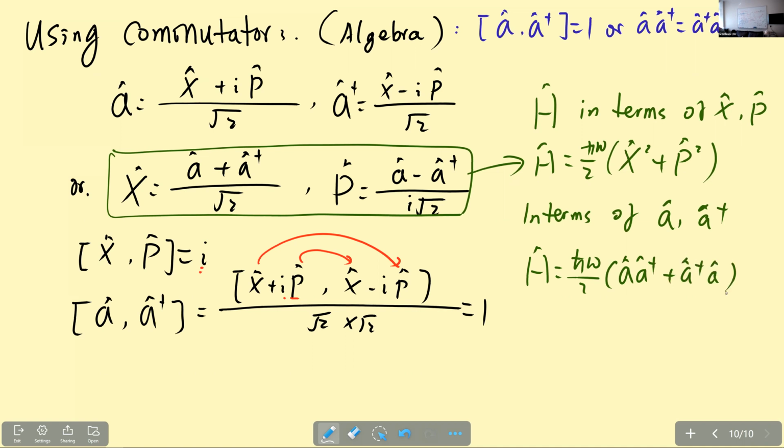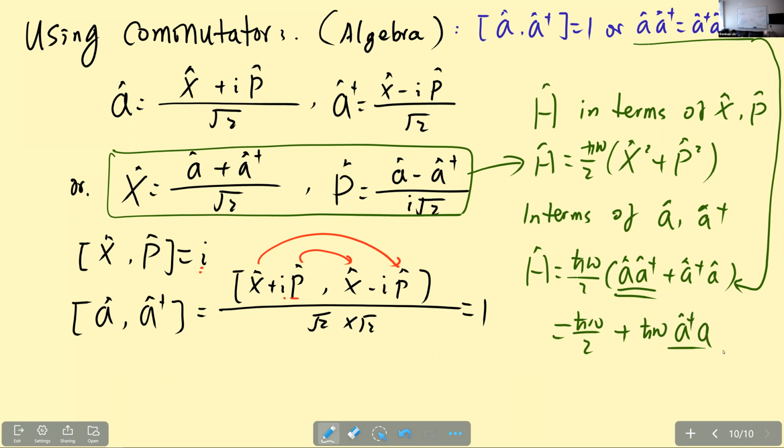Be careful of the order, okay? But remember this one, we can use this to replace this one. So you get h bar omega over 2, so that comes from a factor of 1, right? And then plus h bar omega A dagger times A, okay? Right? So this is the Hamiltonian, okay?